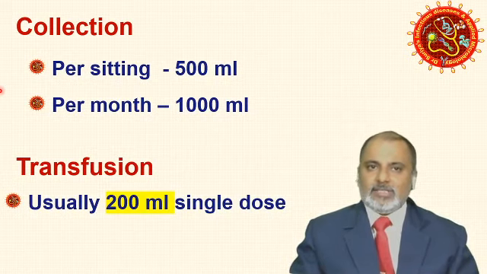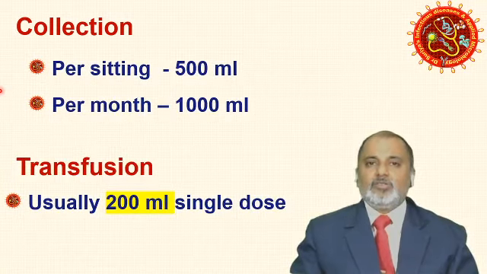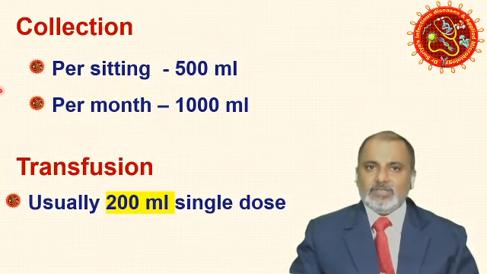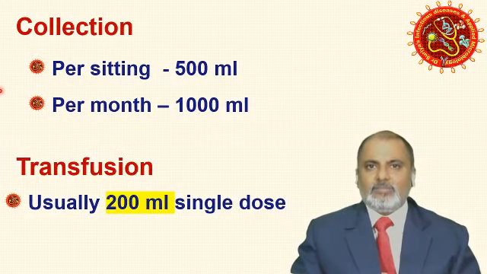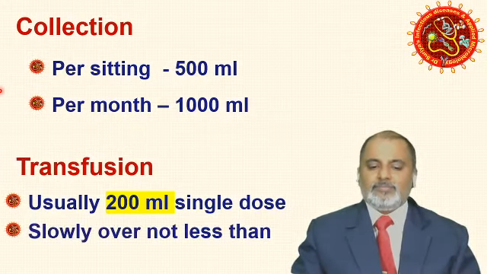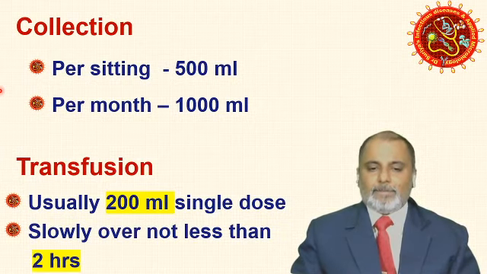Different protocols are there. Some institutes suggest 200 ml within 24 hours. But as per our government, what we are following practically is 200 ml single dose, and it should be given slowly over not less than 2 hours.